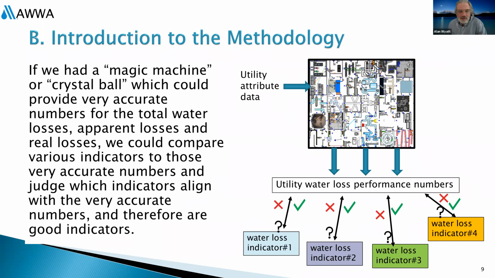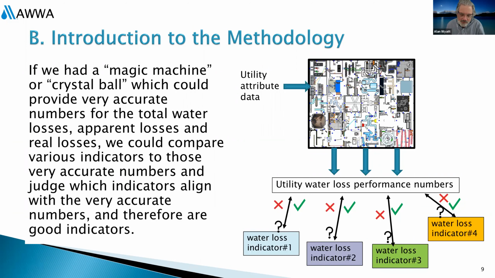And this slide is sort of one way to explain the methodology. Suppose we had a magic black box and we could enter attribute data of a utility like mains and connections, et cetera, and it could magically somehow produce accurate numbers for the water loss volumes in particular.